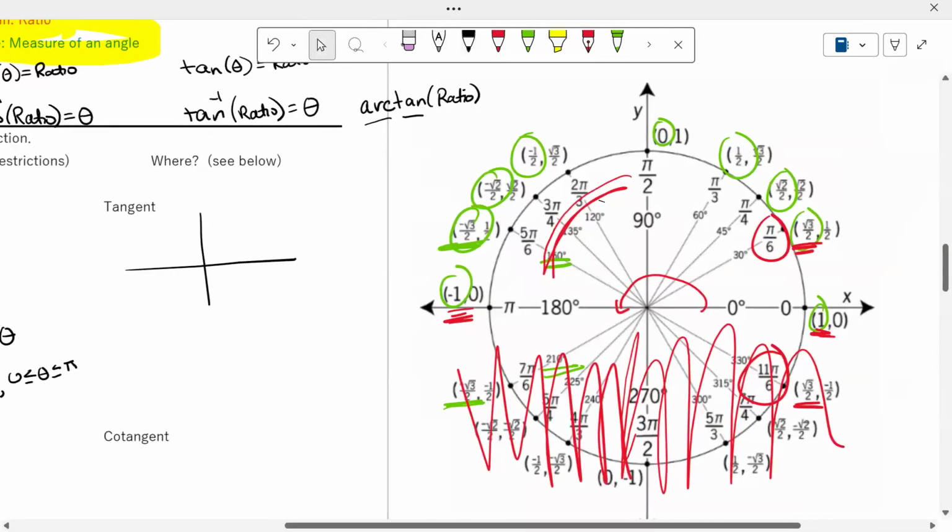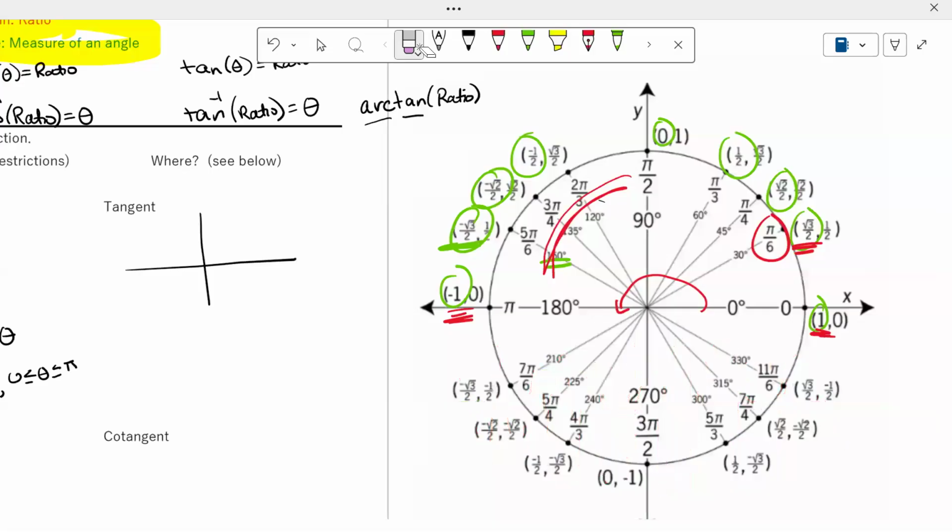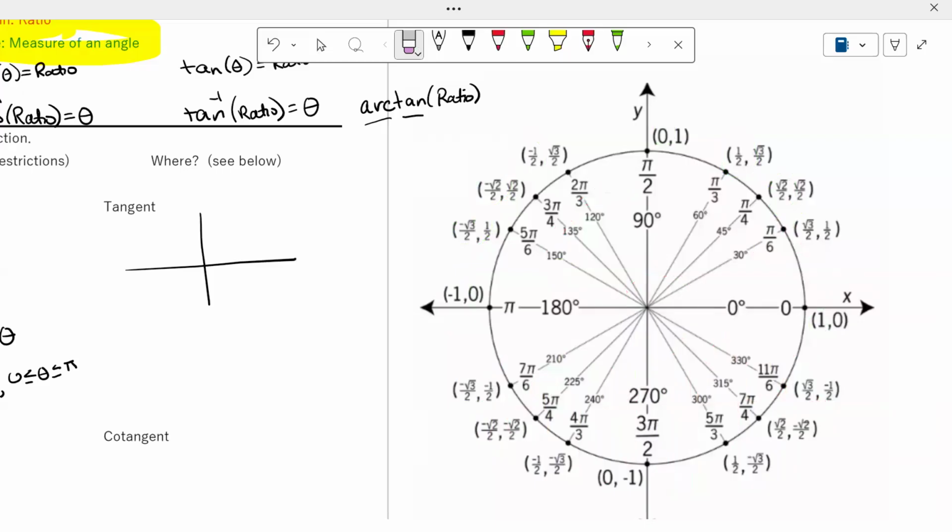So when we look at the tangent values, now this is going to be the y over the x. When we do tangents, we get positive ratios in quadrant 1 because they're both positive. We will get negative ratios in quadrant 2.